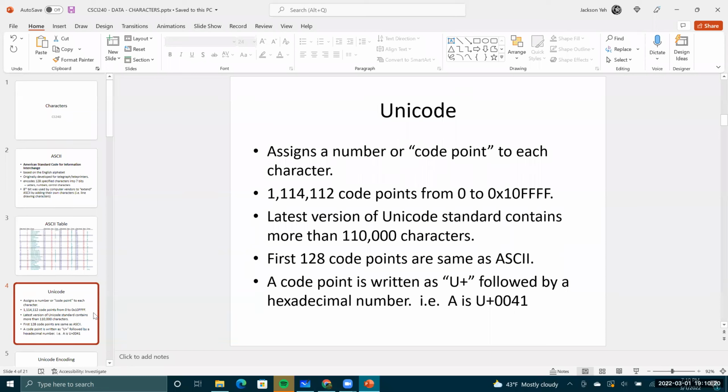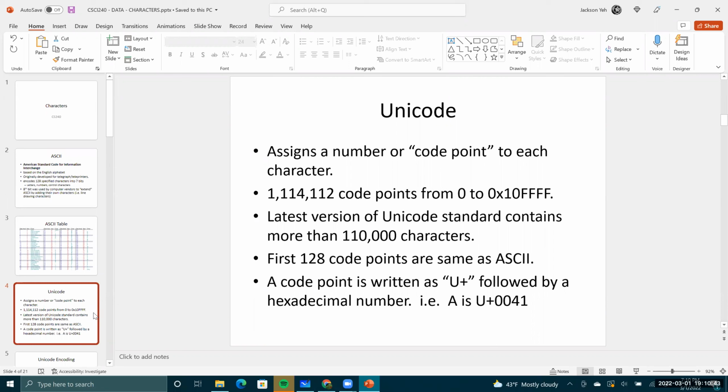That's because 110,000 characters is currently enough to represent every character in every language in the world. So that's roughly only 10% of the number that Unicode can support. So we still have 90% to go in case new languages are developed or new characters added, plenty of room for growth.